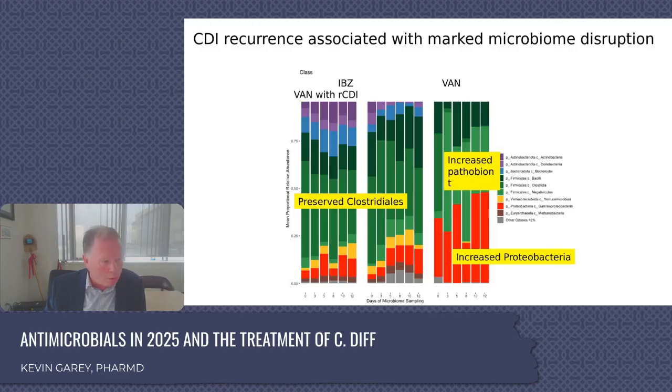They also preserve Clostridiales. Now, these are the two patients on the right that had recurrence. You can see lots of increased abundance or maintenance of the proteobacteria. And then this different color green is actually a different pathobiont that I haven't introduced yet, something called negativicutes. But this then is predictive that the Clostridiales is gone, and these are the two patients that had recurrence in the phase 2b study.